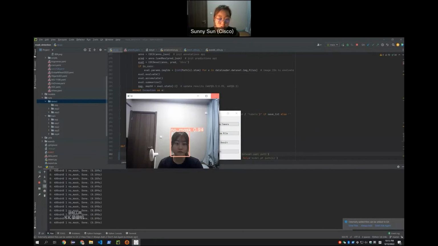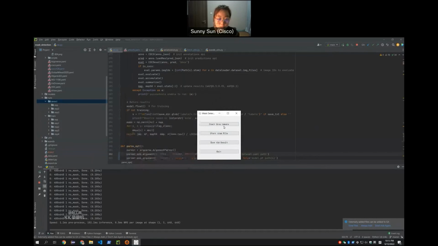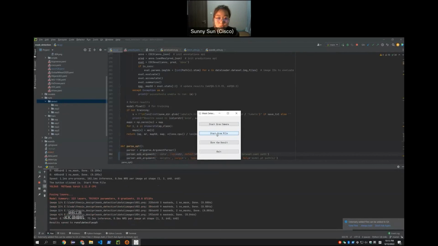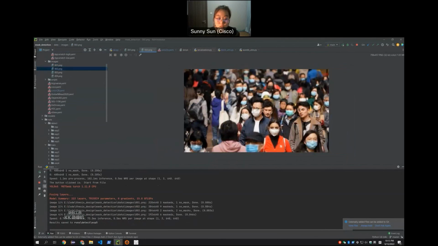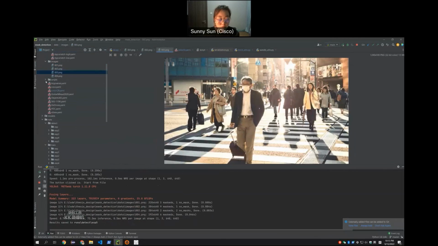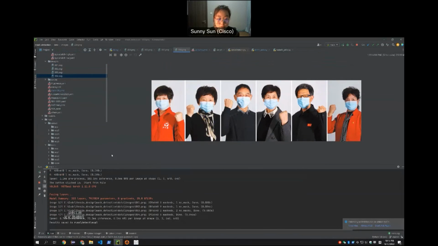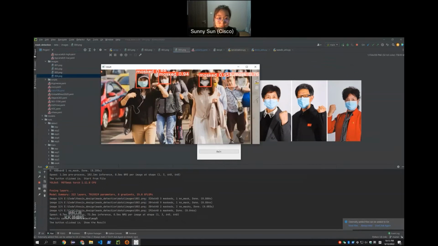Due to the limited environment, the multiple-person effect cannot be demonstrated live, so the multiple-person effect can be reviewed by importing images. We import images here, and we can see the result here.